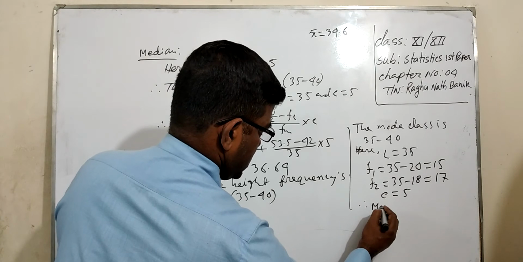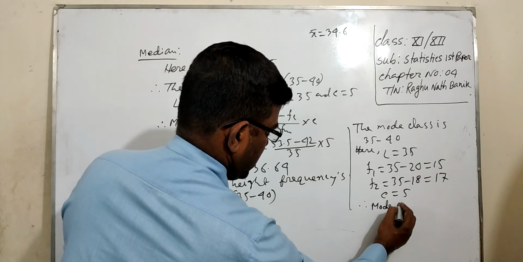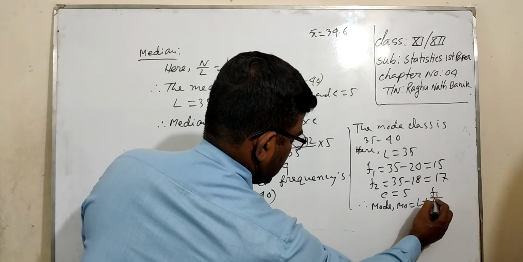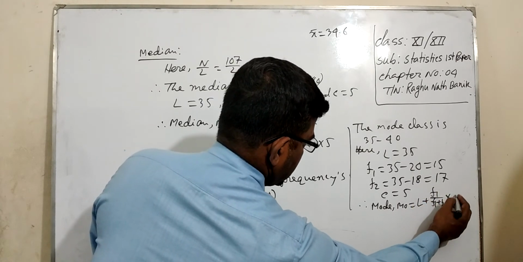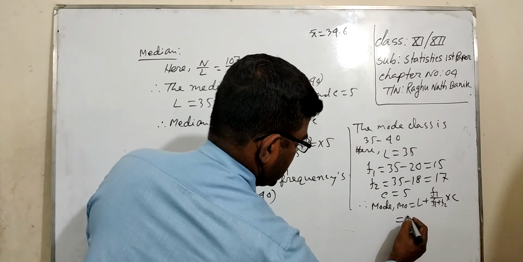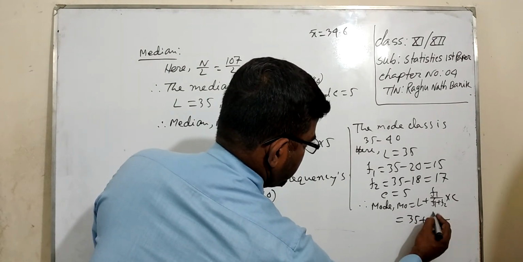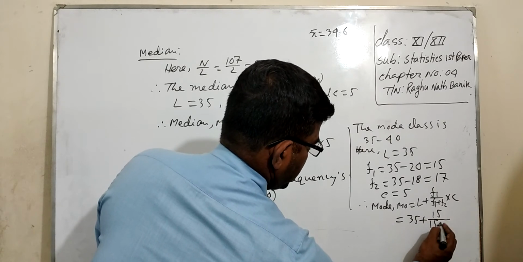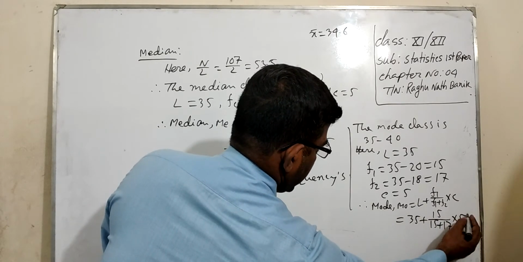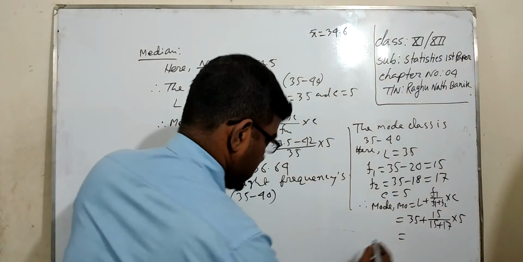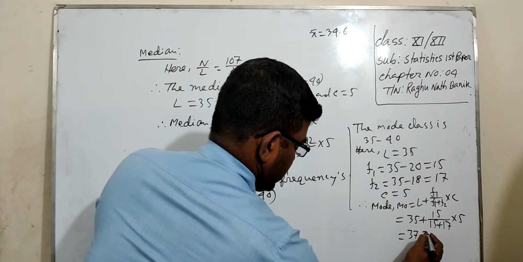So mode MO equal to L plus F1 by F1 plus F2 into C, that is 35 plus 15 by 15 plus 17 into 5. The mode value is 37.34.